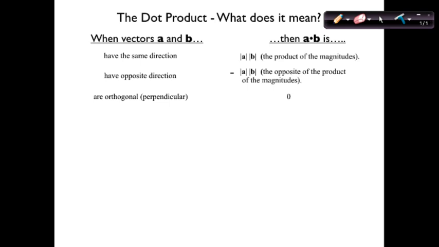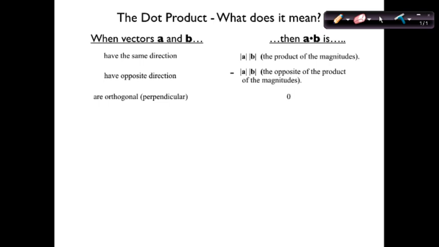Is there any other cases that we can talk about that you observed? Yeah, Cody. There was like an acute angle, like the angle was really small. It was close to the product of the magnitudes, but not exact. Okay, so we're talking about acute angles now. They're generally in the same direction, but not exactly.